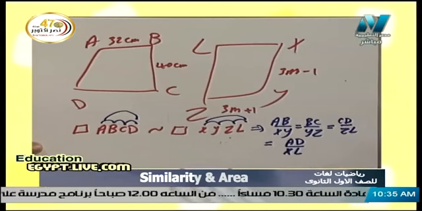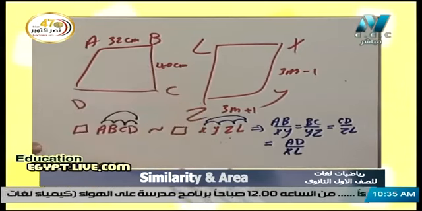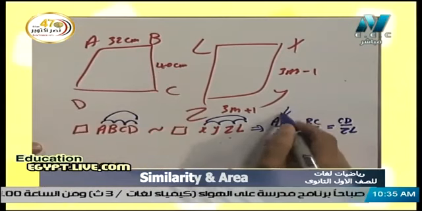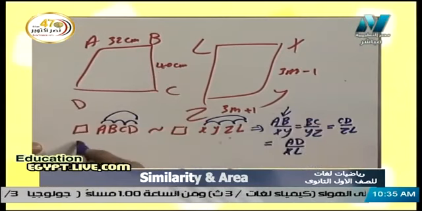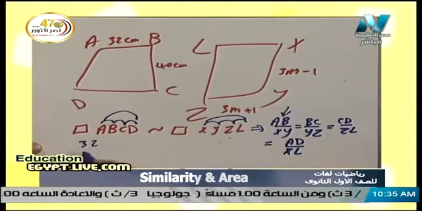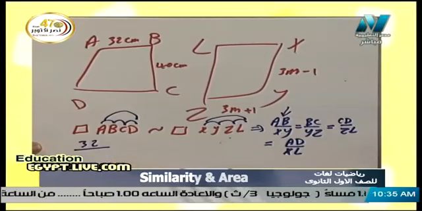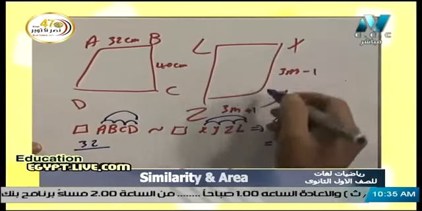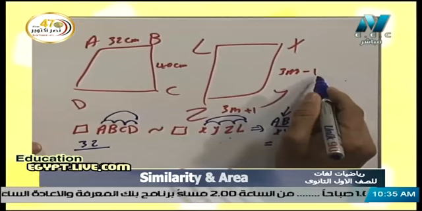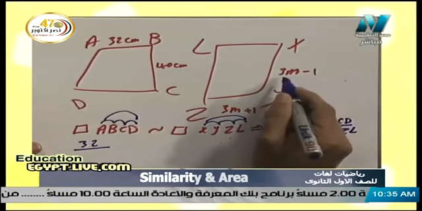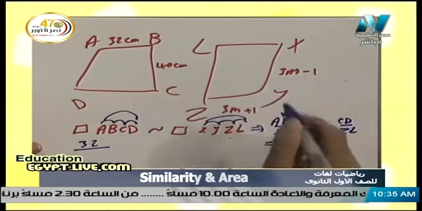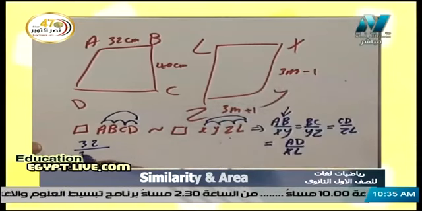Okay, AB here is 32, so we can replace AB by 32 over XY, here 3M minus 1, so we can replace XY by 3M minus 1.